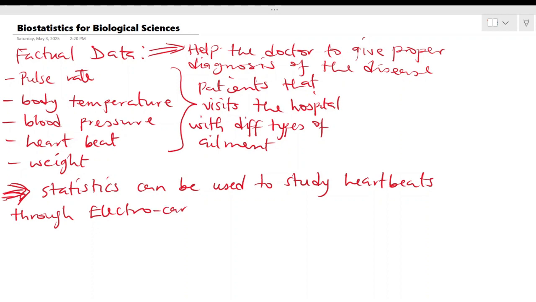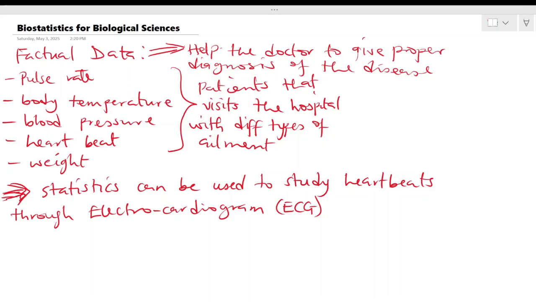The specific test or assay is referred to as your ECG, which is your electrocardiogram.